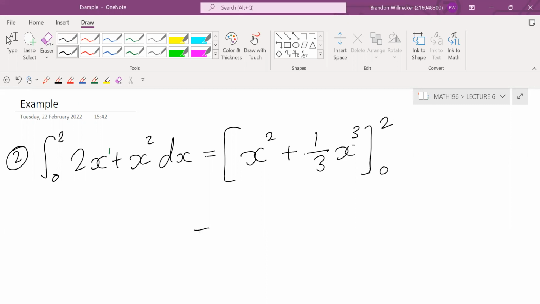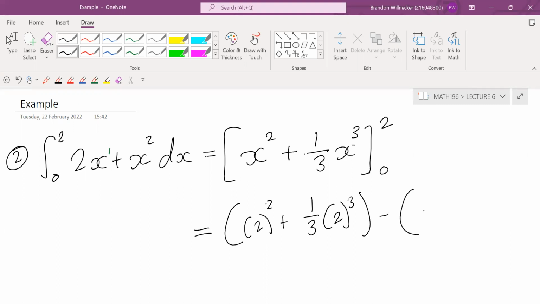Next step, we take this antiderivative, we evaluate it at the upper bound minus the antiderivative evaluated at the lower bound. At the upper bound, we get 2 squared plus 1/3 2 cubed, minus, and then at the lower bound, we get 0 squared plus 1/3 0 cubed.